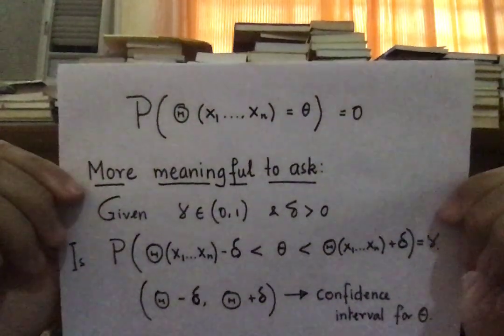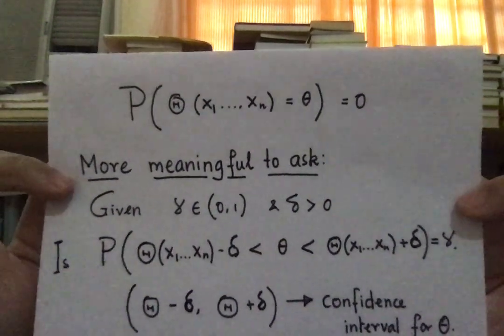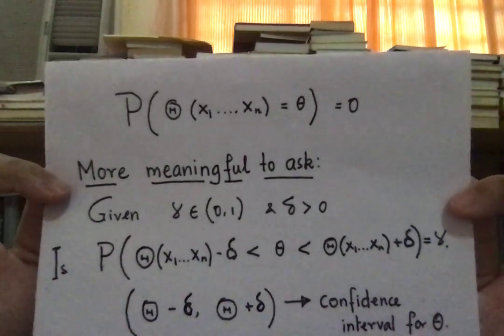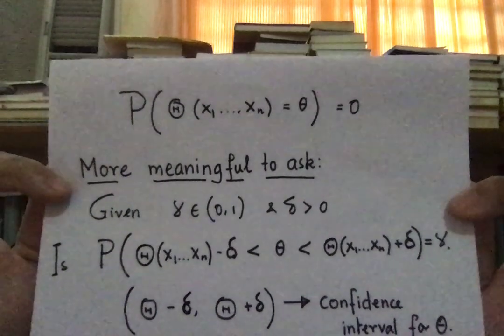But you also know that if we are drawing from a population which follows a certain PDF, these are continuous random variables. If you take an estimator, big theta, a function of X1, X2, Xn, a statistic, and you say this is exactly equal to the value of theta, the probability of that is 0.